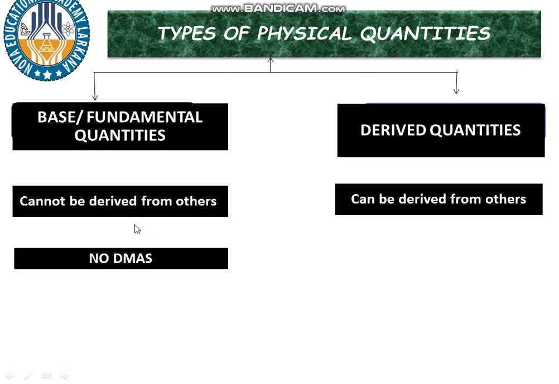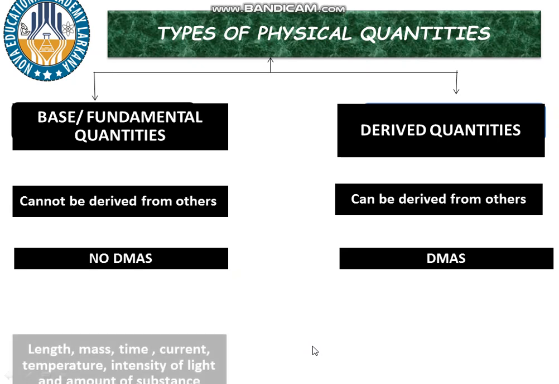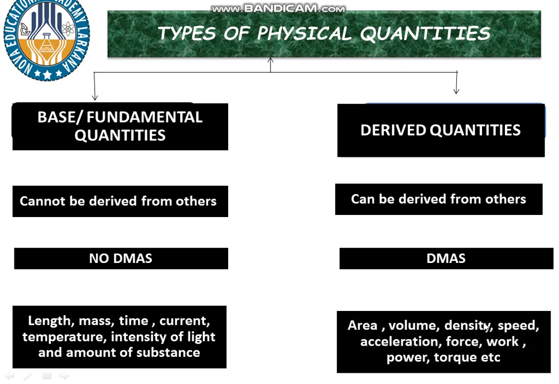In fundamental quantities there is no division, no multiplication, no addition or subtraction. But in derived quantities, there is division, multiplication, addition, and there can be subtraction. There are only 7 fundamental quantities, but more than 7 other quantities are derived quantities.